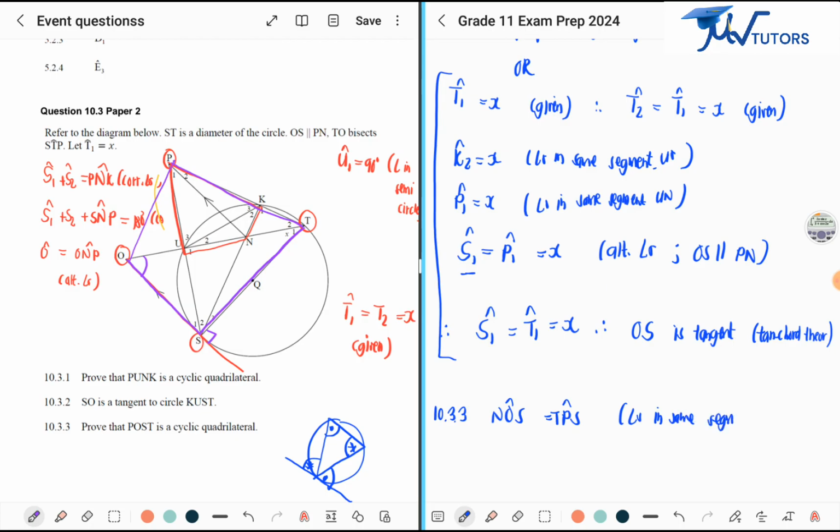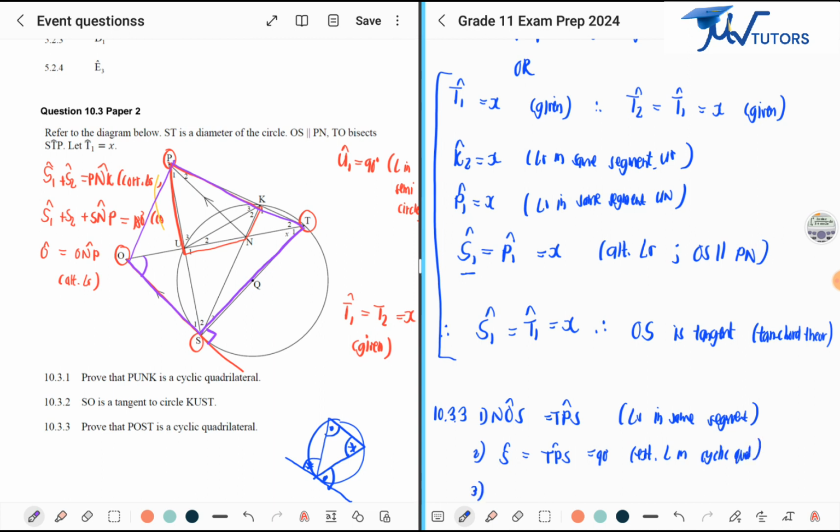That's one way of proving. Second way of proving is if we can show that S is equal to TPS, which is equal to 90. That would be the exterior angle in cyclic quad. That would be the second way of showing.